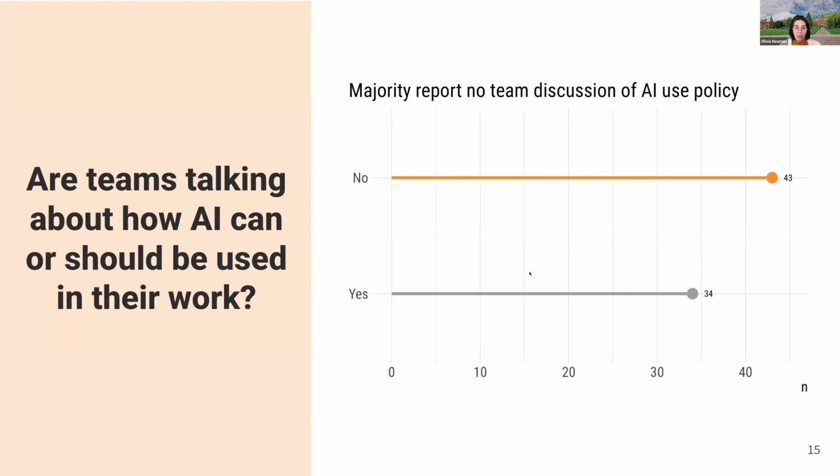A lot of folks are feeling their way around in the dark when it comes to AI, and perhaps worse, they're doing it alone. Another way of framing this in terms of teamwork and team cognition is that there's a need to develop a shared mental model for AI in teams.